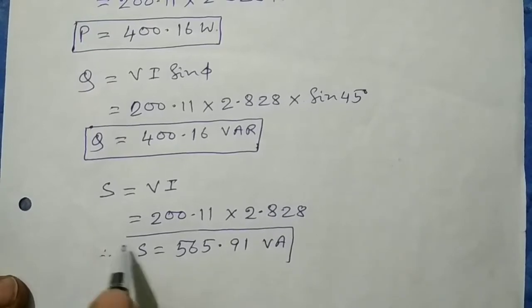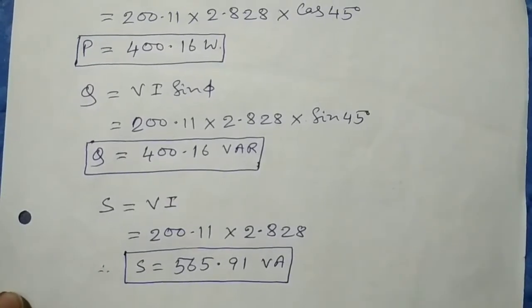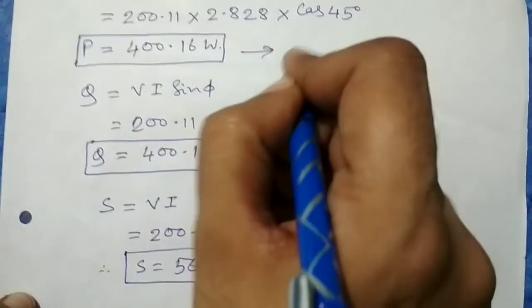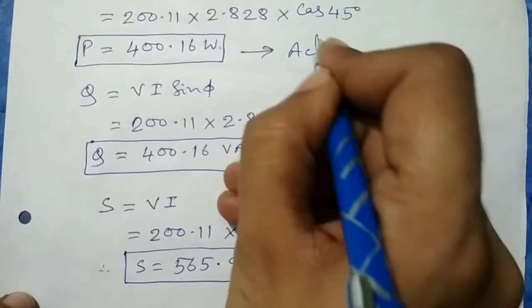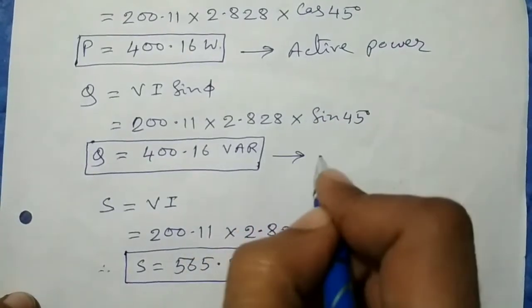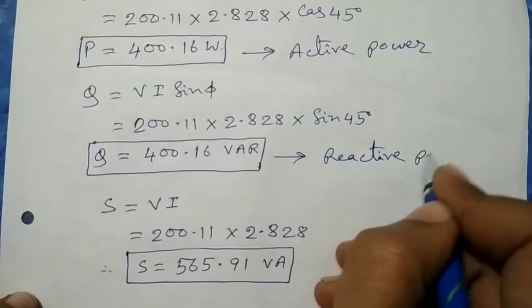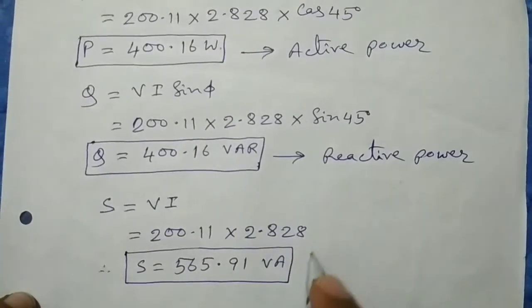So this is our apparent power. So here it is the active power, the reactive power, and the apparent power.